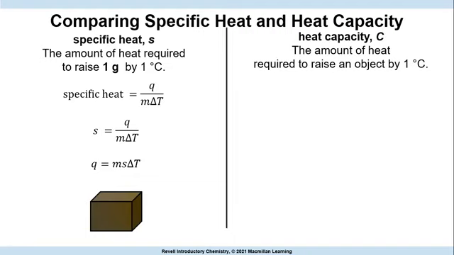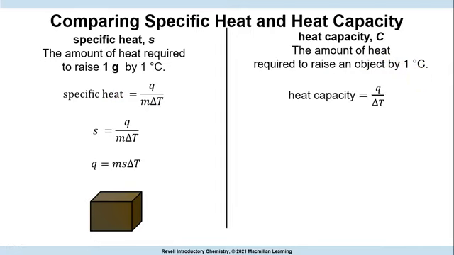So what we make use of in that situation is what is called the heat capacity. So the heat capacity, capital C, is the amount of heat required to raise an object by 1 degree Celsius. So here for the heat capacity, you don't see the 1 gram. It is just the amount of heat that is required to raise an object by 1 degree Celsius.